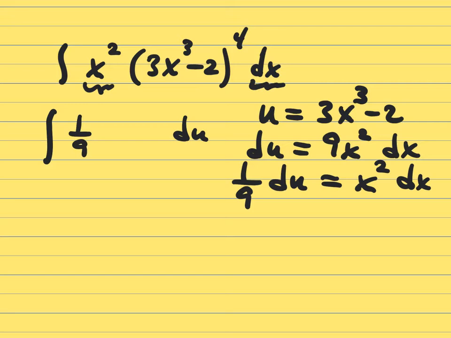The parenthetical part we can replace with u to the fourth. That's where we made our original substitution. That constant 1/9, we can bring it out.